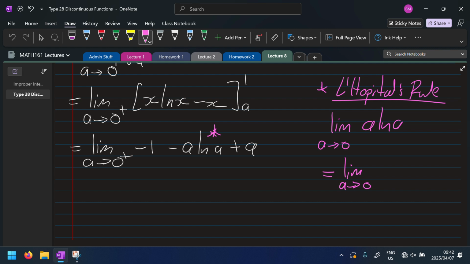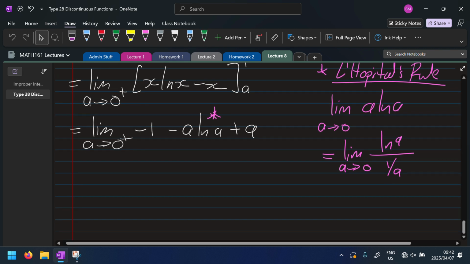So yeah, we take it down to the bottom. So this will be natural log of a over 1 over a. Because dividing by a half is timesing by 2. So we're dividing by 1 over a, that's timesing by a. It's the same thing. But now when a goes to 0, the top is infinite and the bottom is also infinite. So we can use L'Hopital's rule now.